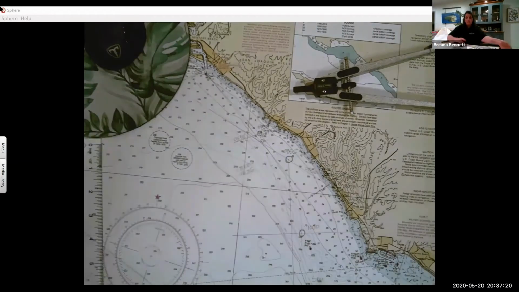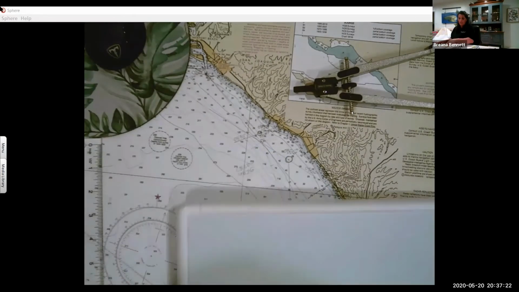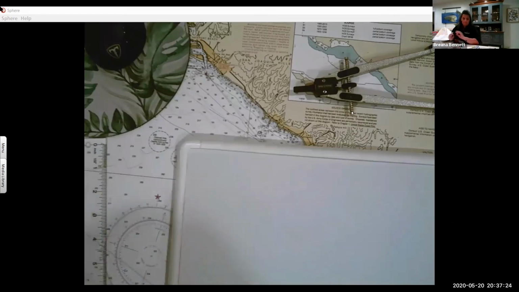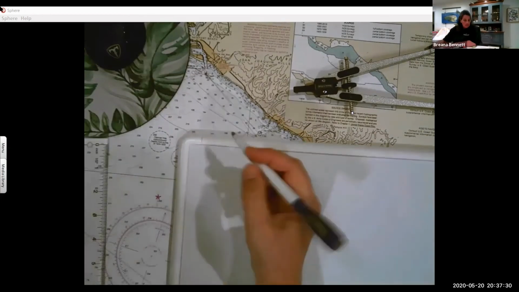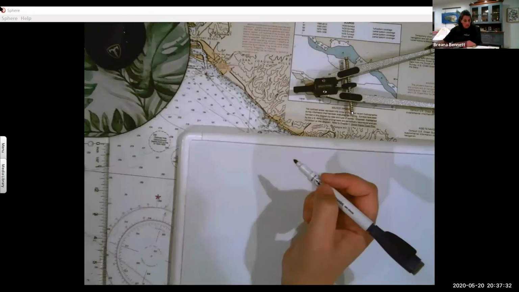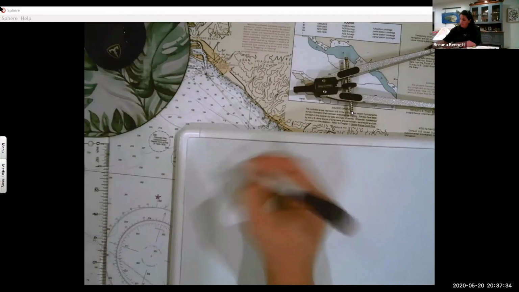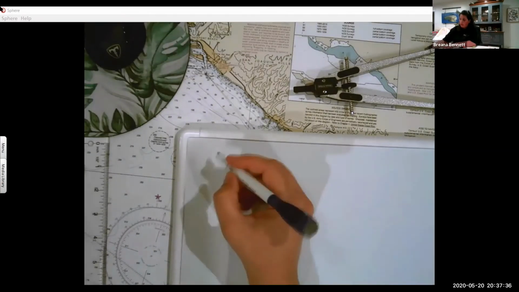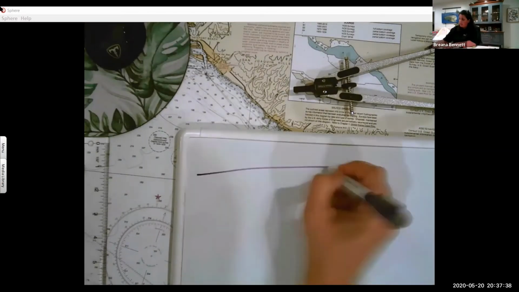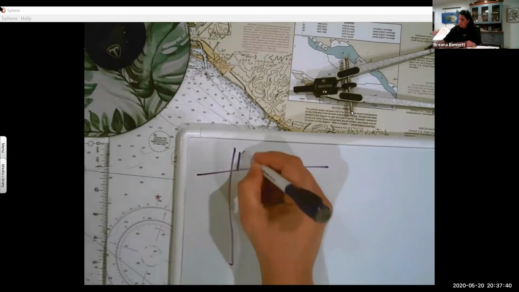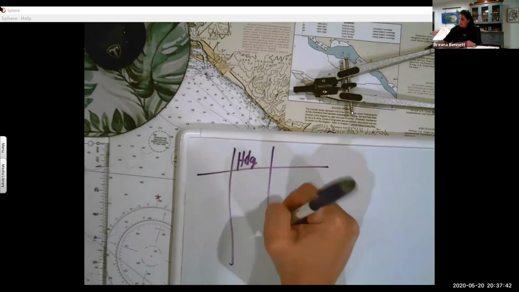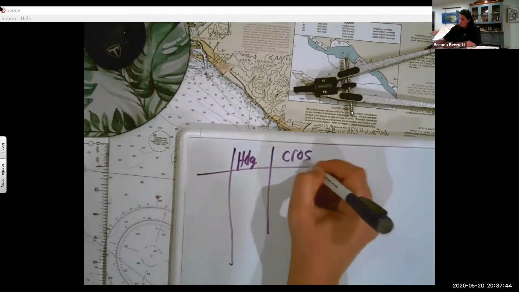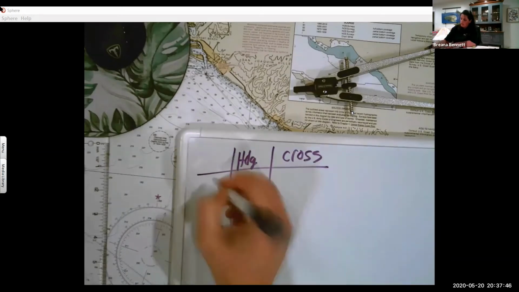So we need to calculate our position or change our information there into true, so we can plot it. So we have our heading and our cross.